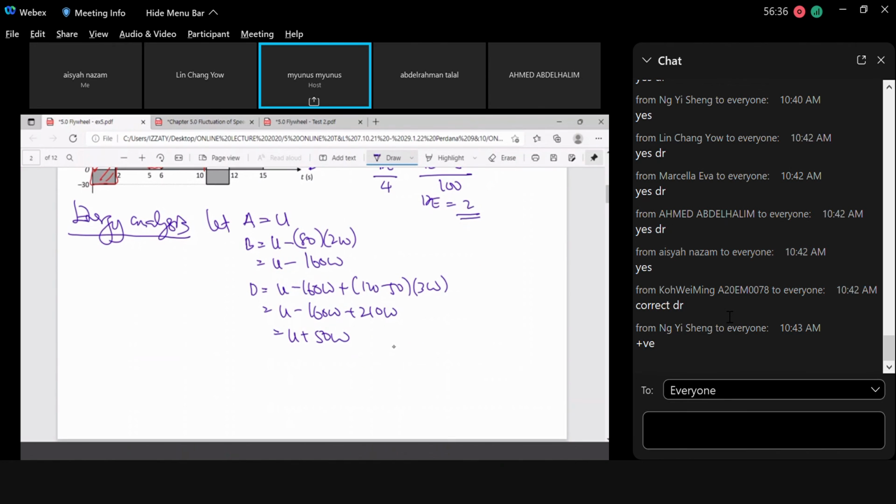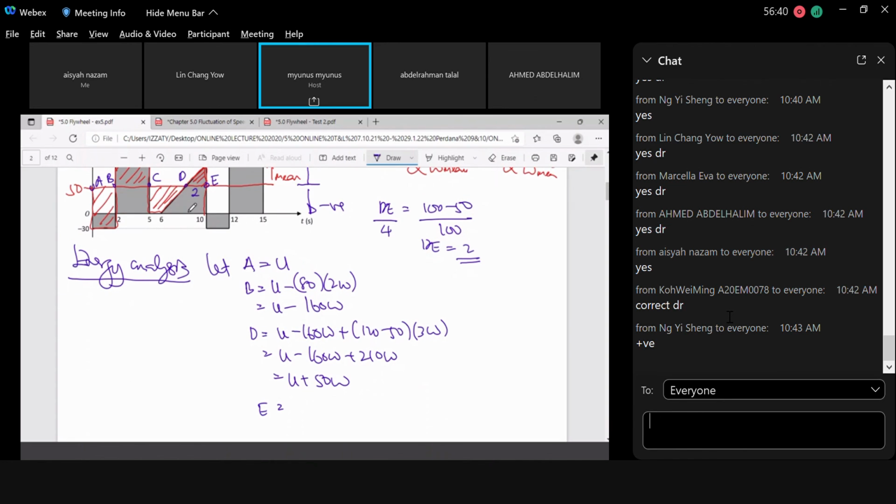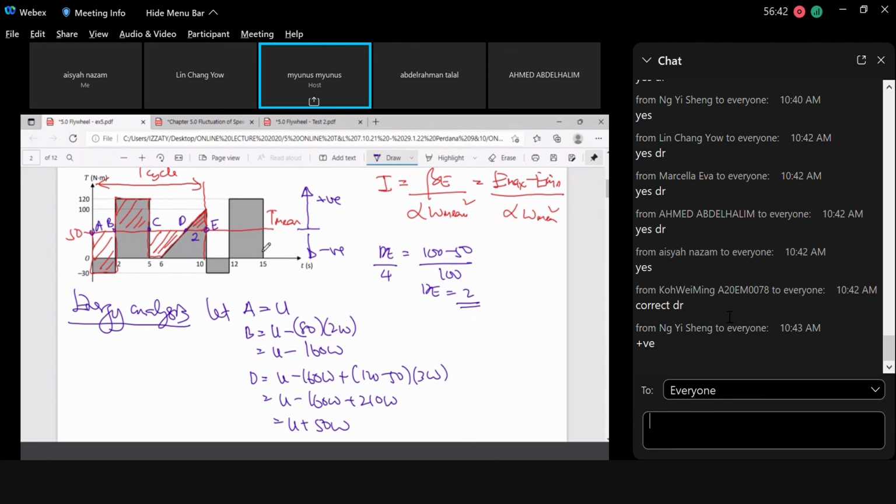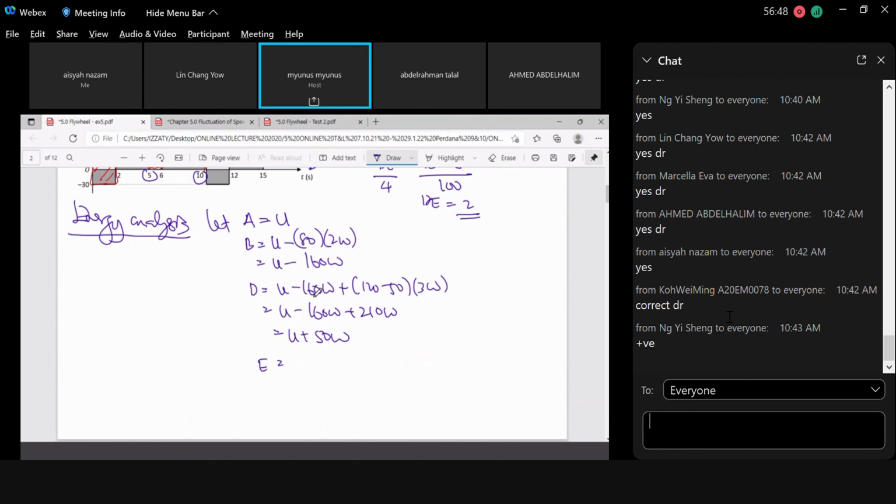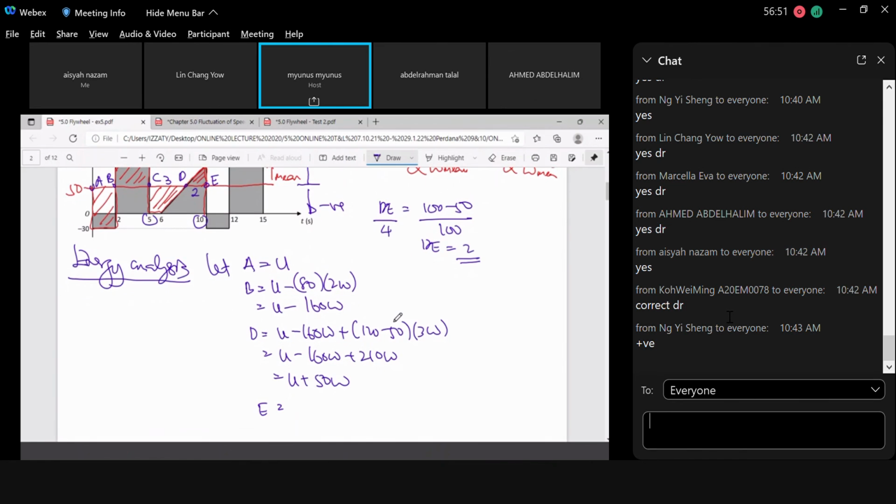Then we move on to E now is equal to, you know that the small portion, this one is 2. So this one is 5 to 10 by 5. So this one becomes 3. Correct? Yes or no? Then you have U plus 50 omega minus that is the trapezium.